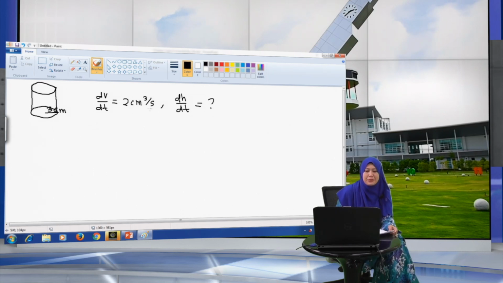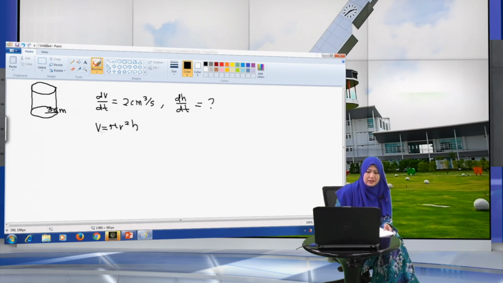Okay. Now let's find the relation between the volume of a cylinder and the height of the cylinder. Okay, we know that the volume of the cylinder equal to pi r square h. We see that the radius remains 3 all the time. That means we can substitute the radius equal to 3 here, which is equal to 9 pi h.